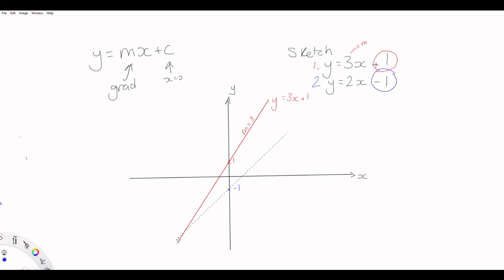I don't know exactly where they're going to cross, but we need to show that it is a less steep line than the previous one we've drawn, and then we can label that up: y equals 2x minus 1, and say that the gradient is 2. And there we've answered the question of how to sketch a linear equation in the form y equals mx plus c.